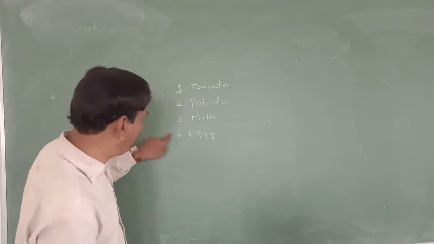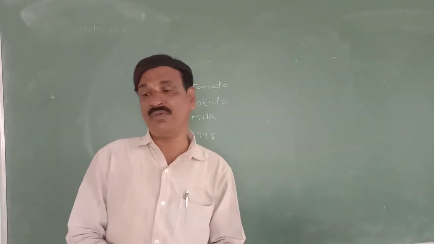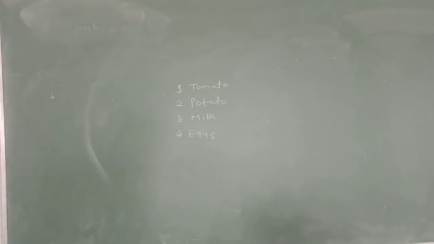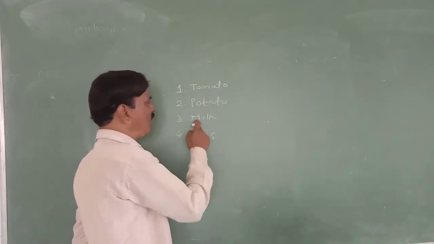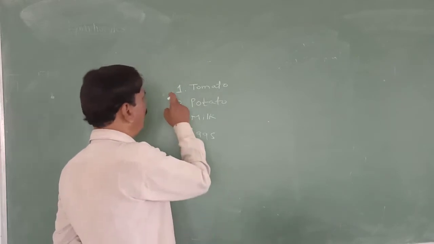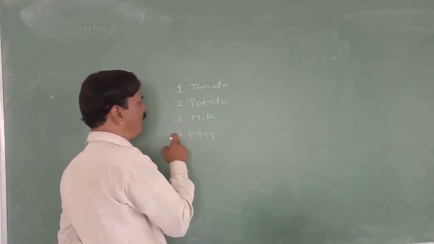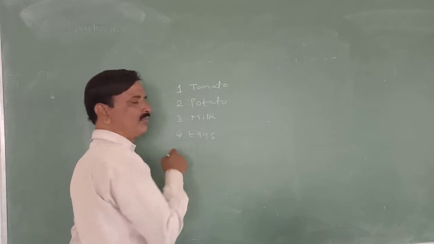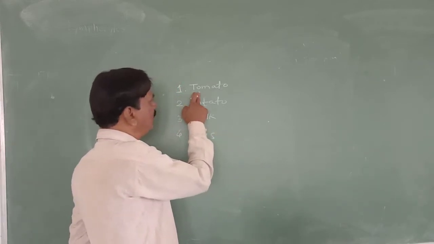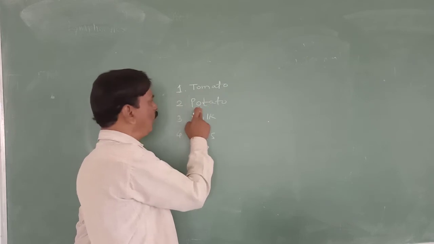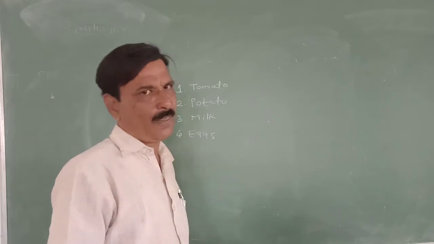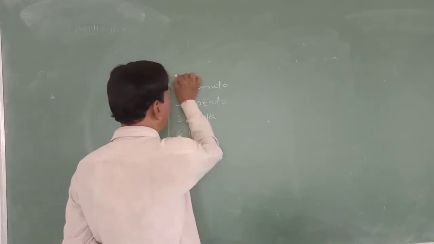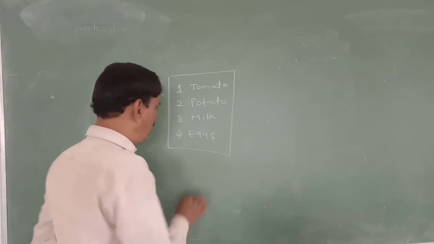So this is called the index set. Hence the definition of a linear array or linear list: a list is a collection of elements where every element is referenced respectively by an index set. To refer to the element tomato, the index is 1, potato index 2, 3 indicates milk, 4 indicates eggs. Now, this is on plain paper.